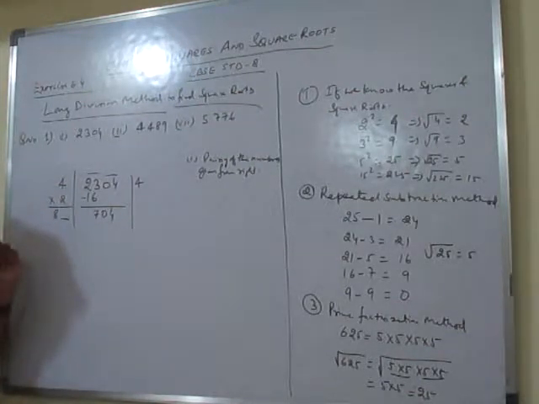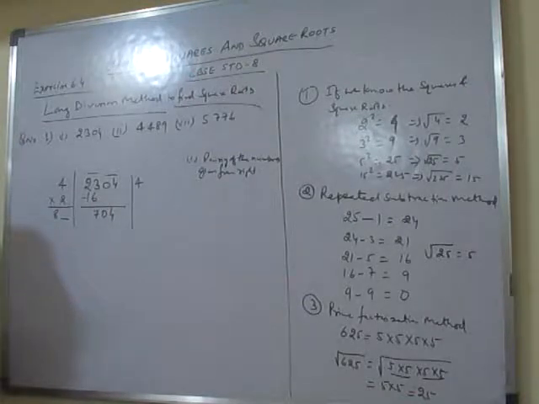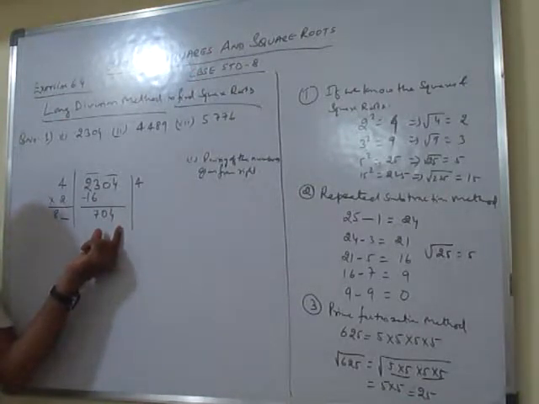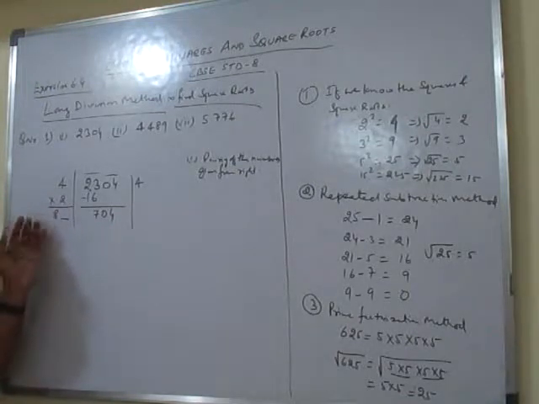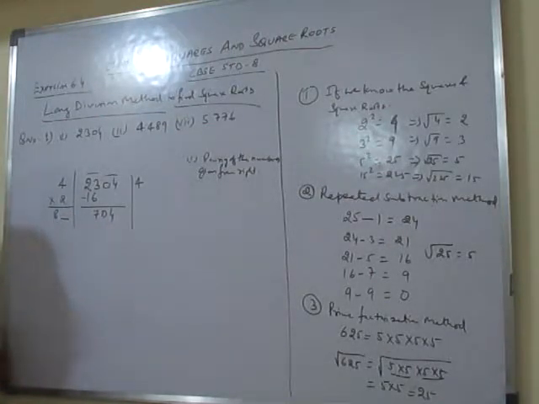If we put 7, then 9 would come at the last digit, but here it is 4. Now if we put 8, then 8 into 8 is 64, so the last digit will also be 4. So either we can put 82 or 88, but 82 gives a very small number compared to 704, so we cannot put 82.